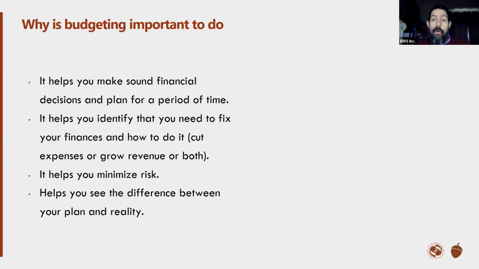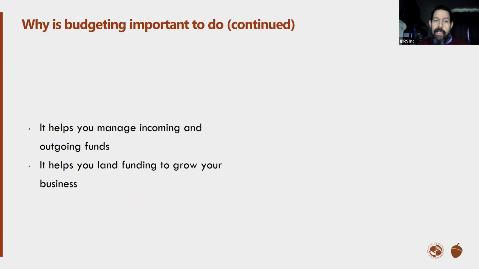So those are all certain things that you'll be able to use the budget to help you with. It helps you minimize risk, right? Because obviously if you're investigating this on a regular basis, then that will help you out. It helps you see the difference between your plan and reality, right? So we'll talk about not only developing the budget, but coming back and checking it.